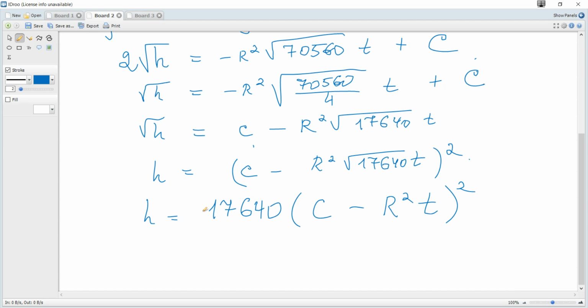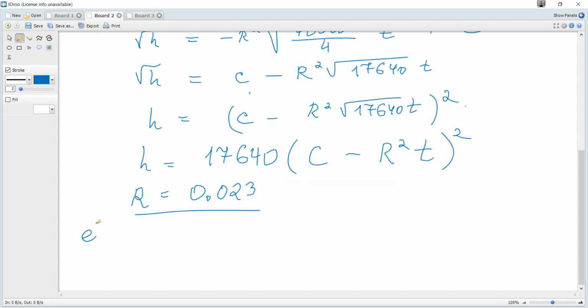Then, if we measure the radius of the valve to be, this capital R is 0.023 meters, let capital T be the time in minutes it takes for all the water to drain out of the container.